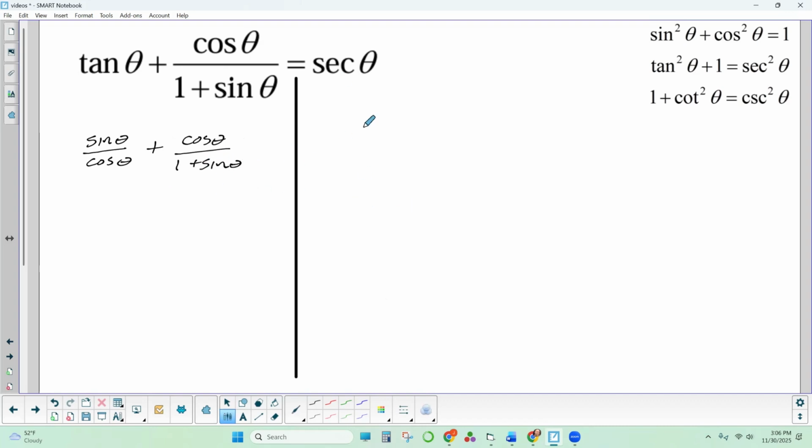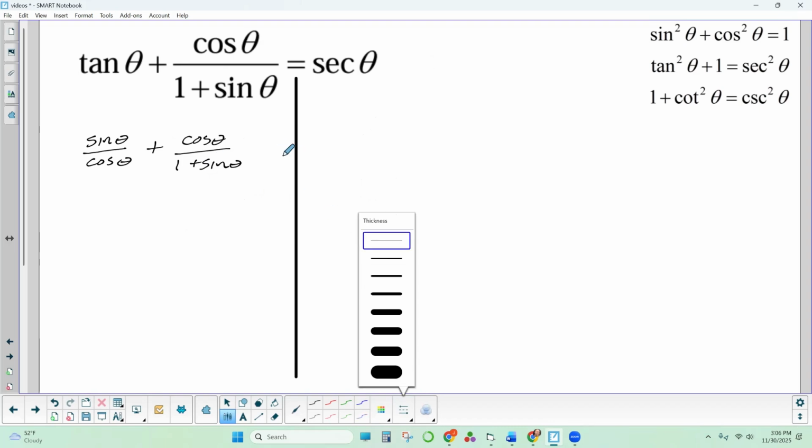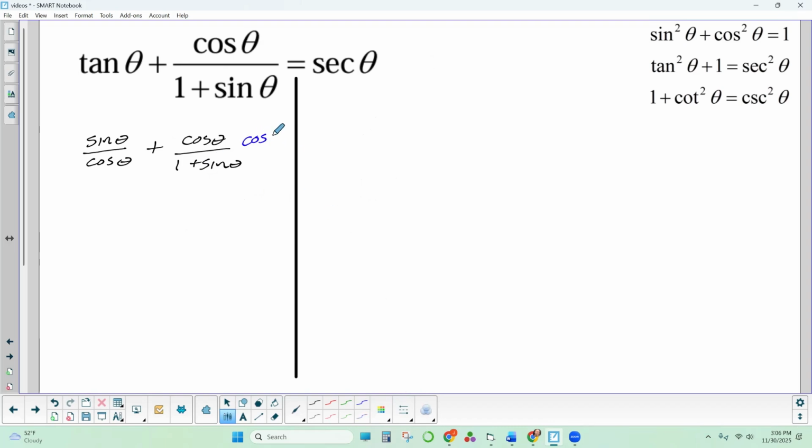Now looking at the right, I know that I have to combine these. So I've got to get a common denominator here. So I'm going to multiply the right side by cosine theta. And I'm going to multiply the left side by 1 plus sine theta. Okay.